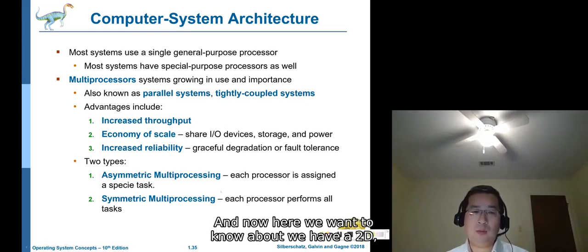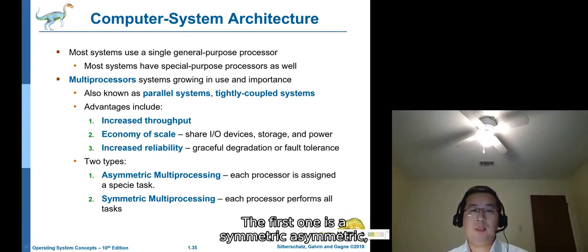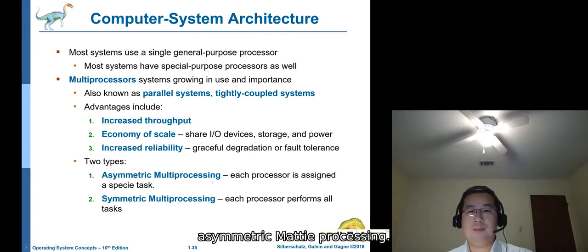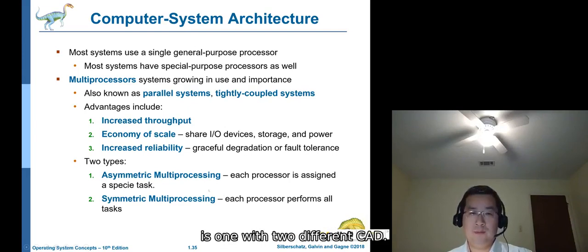And here we want to talk about two types of these multiprocessor systems. The first one is asymmetric multiprocessing. If it's asymmetric, that means each one will do differently, correct?